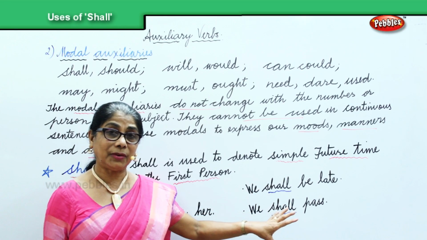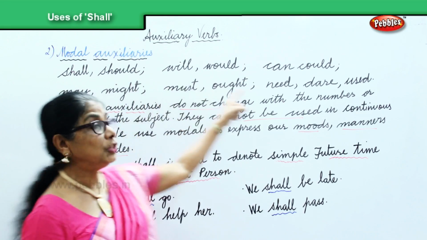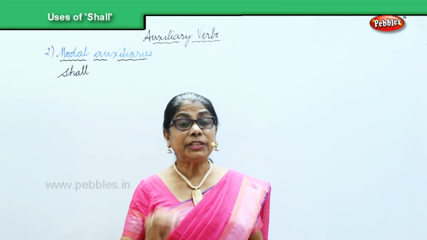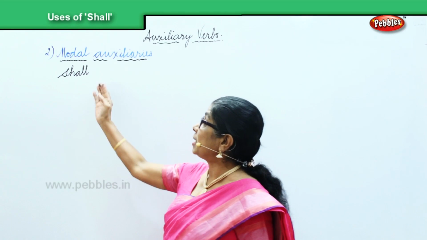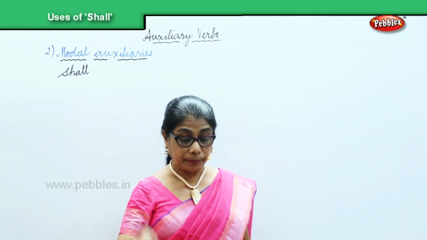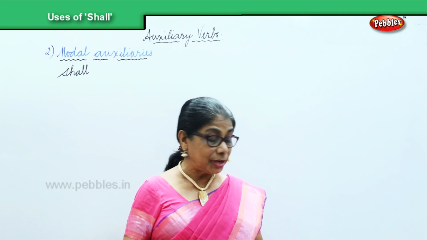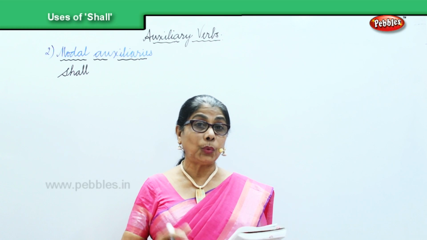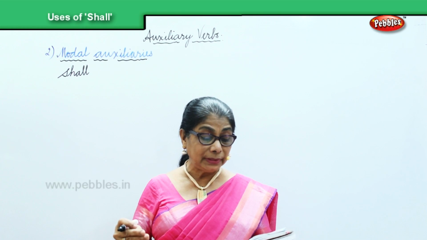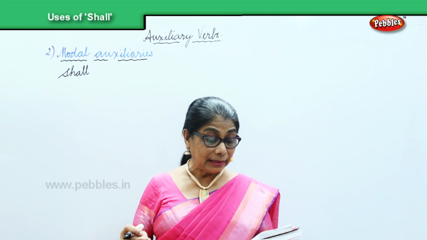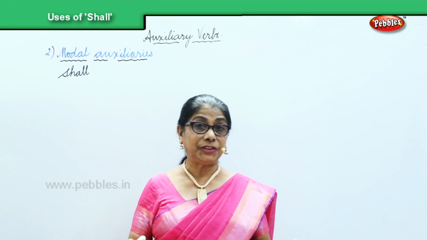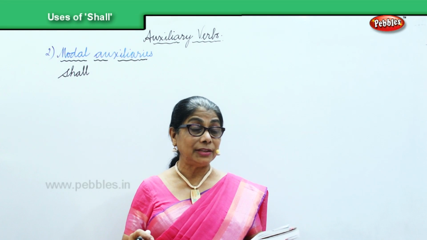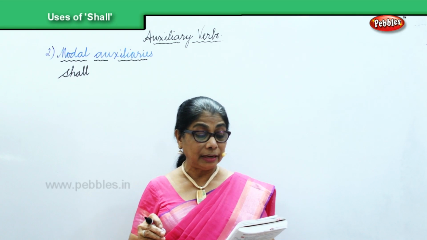Okay, now we will look at each of these verbs in the usage of sentences. We saw how shall is used in the first person. Now we are going to look at shall used in the second and third person to express one, a promise, second, a command, a threat, or a determination. So in these four categories, shall is used in the second and third person.